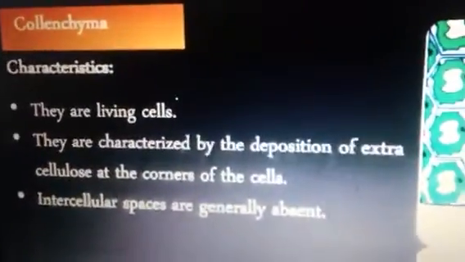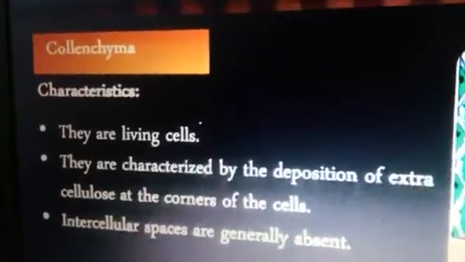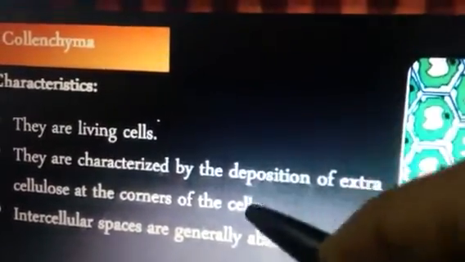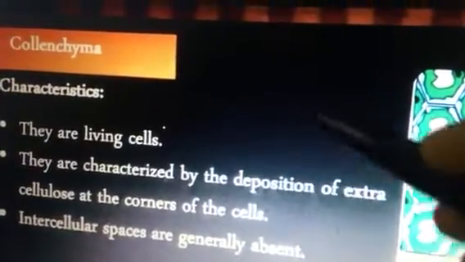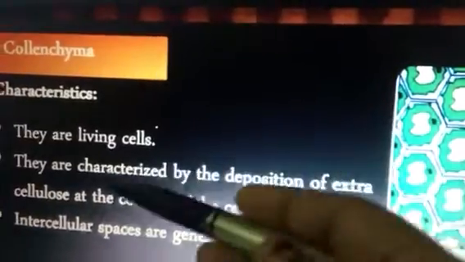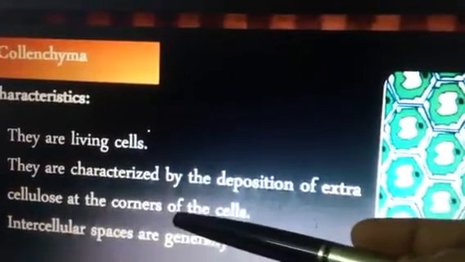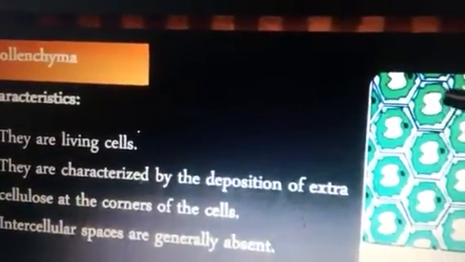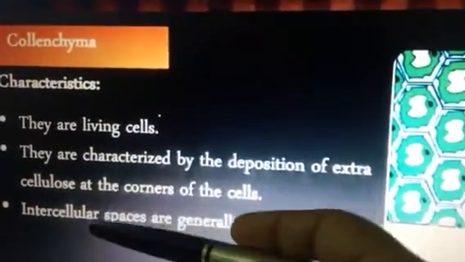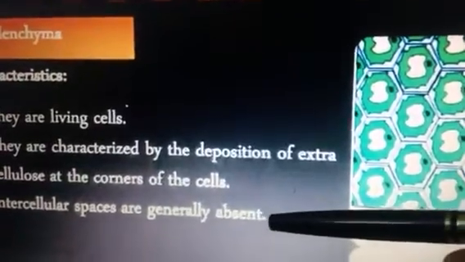Now going over to collenchyma characteristics. They are living, just like the previous ones, but they are characterized by the deposition of extra cellulose at the corners or the boundaries, you can say, of the cell. Intercellular spaces are generally absent.